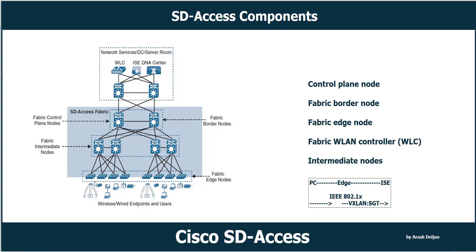A fabric edge provides a single layer 3 Anycast gateway, as I explained before, that is the same switch virtual interface with the same IP address on all fabric edge nodes for its connected endpoints, and also performs the encapsulation and de-encapsulation of host traffic to and from its connected endpoints.